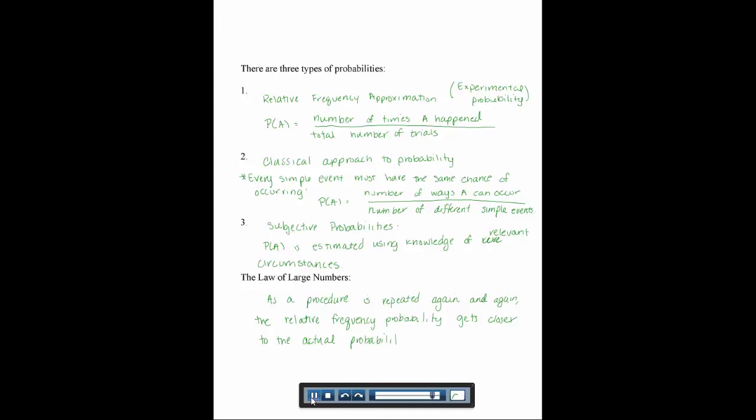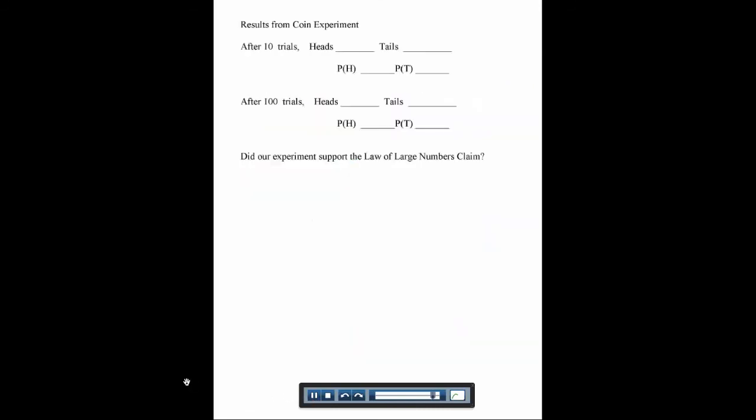So what this is really saying is if you're doing some experiment to find a probability, the more times you do the experiment, the closer your answer is going to be to the actual probability. Okay, so we'll see an example of this on the next page.